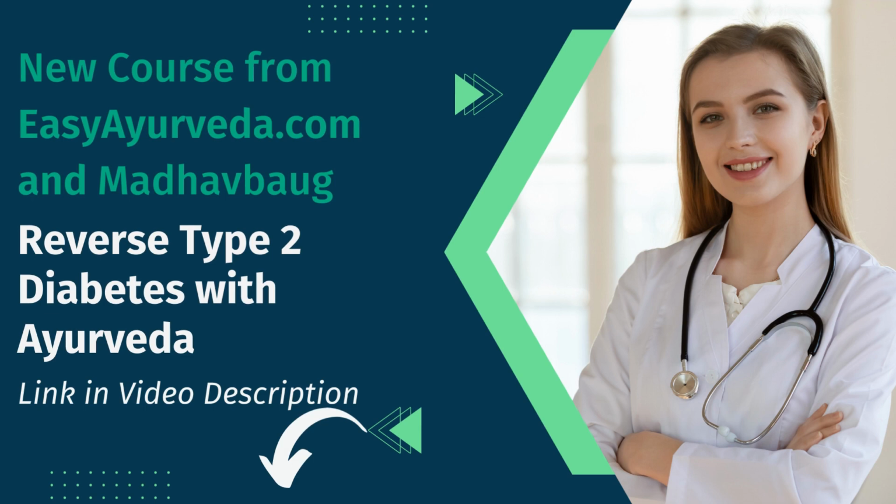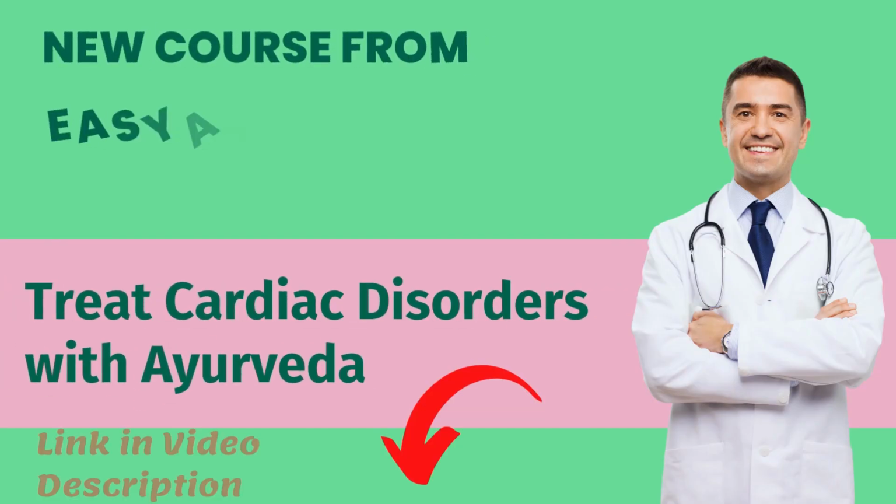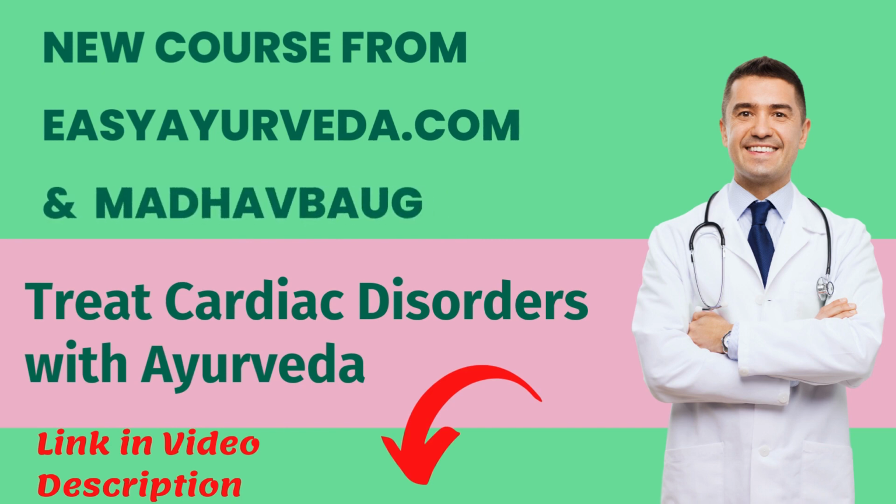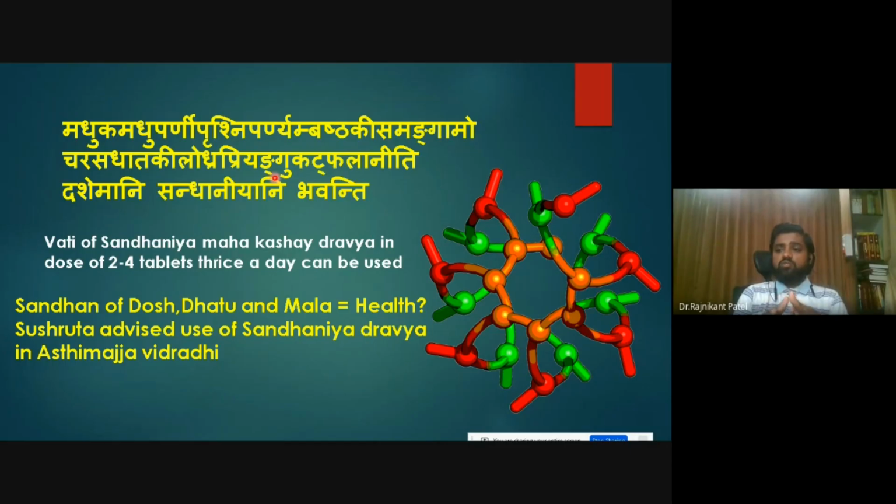So here Sandhani Mahakashaya, Sandhana Dravya, doesn't simply apply to fracture or Sandhana Karma of bone. Wherever we need to do the Sandhana Karma, we should use this Sandhani Mahakashaya. So Sandhana of those Dhatu and Mala. We all know the definition of health in Ayurveda: dosha dhatu mala mulam hi shariram.